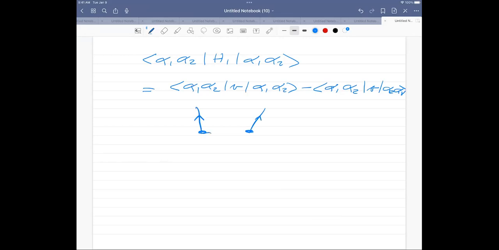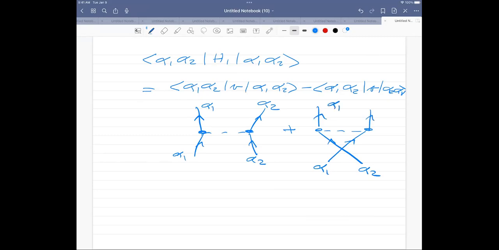I can just read off from the diagram that here we have alpha 1 when we put labels, and here we have alpha 1 and alpha 2. But here we don't put a minus sign, because the minus sign comes when we set up the expression from the diagram. So we would have these two crossing fermion lines, with alpha 1, alpha 2, and then my alpha 1 and my alpha 2 here. So this is the way I would represent diagrammatically that specific expectation value.